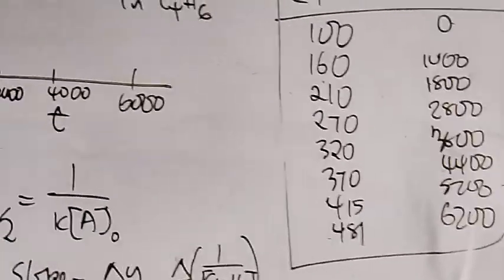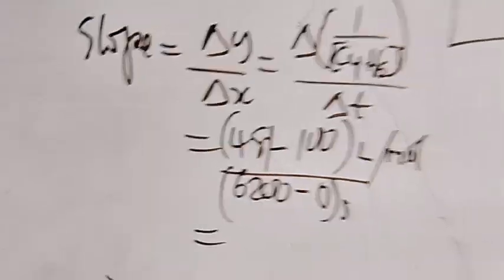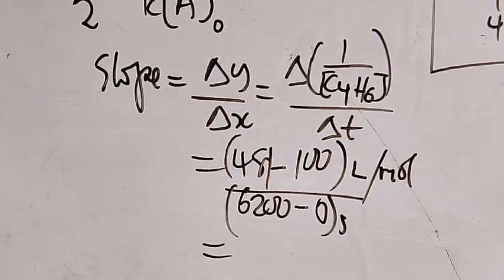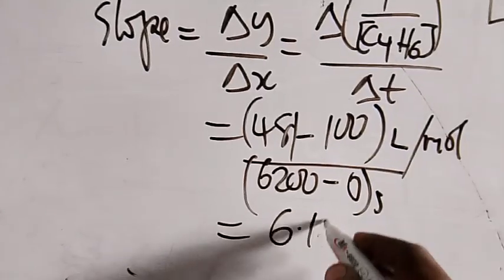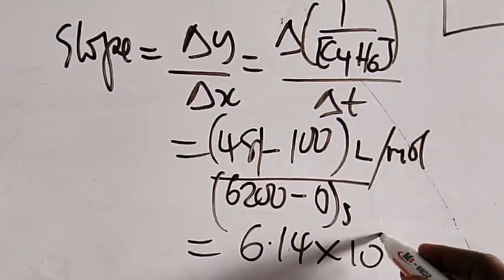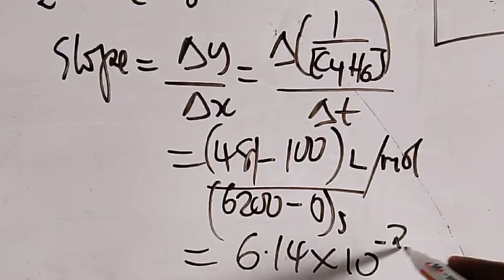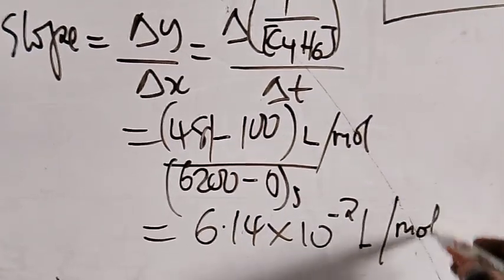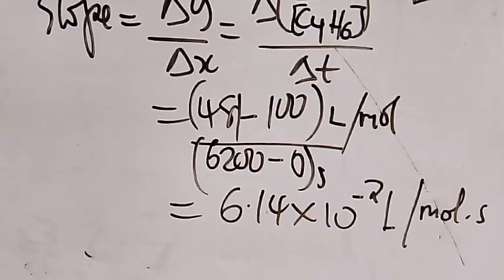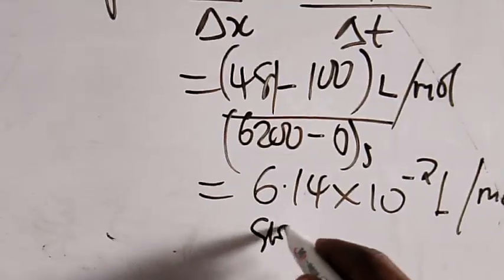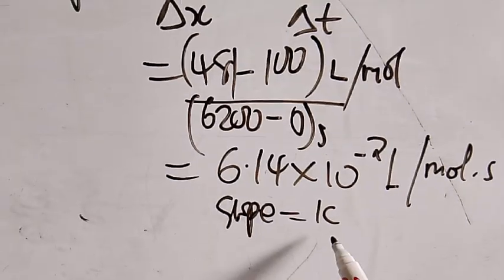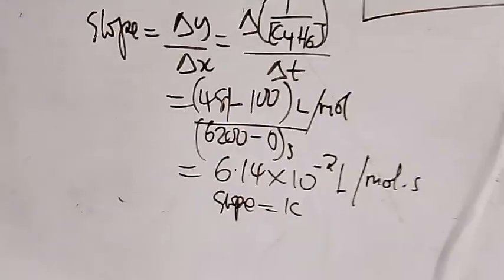Okay, first and last. So we are going to find now that the slope is equal to 6.14 times 10 to the power negative 2 liter per mole second. Okay, so for a second order reaction, slope is equal to K. So that is our K. Then now half-life, we substitute now.